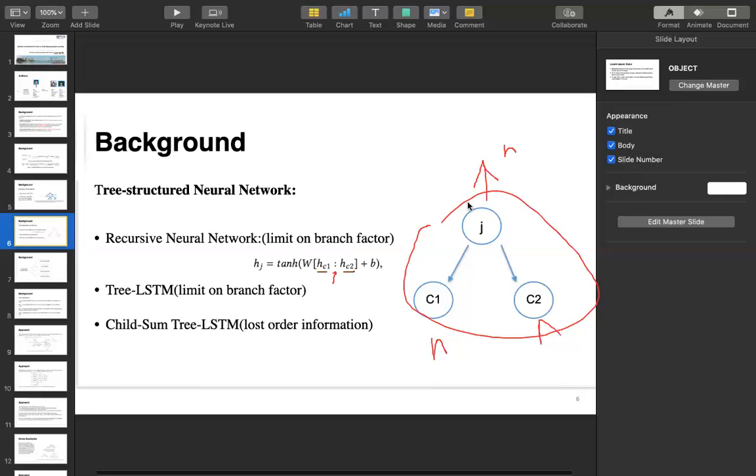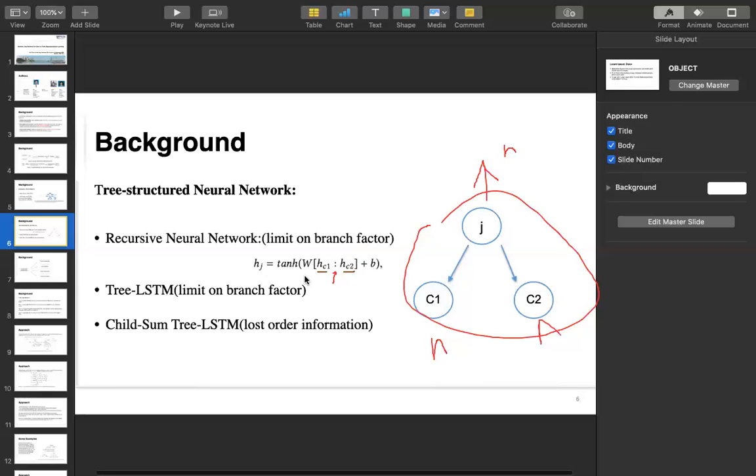Okay. Yeah. So one of the limitations of this recursive neural network and tree LSTM is that it has a limit on the branch factor. That means it requires the number of children of a node to be 2 or 1 or something else, because otherwise we cannot define the size of W, the weighting parameter.